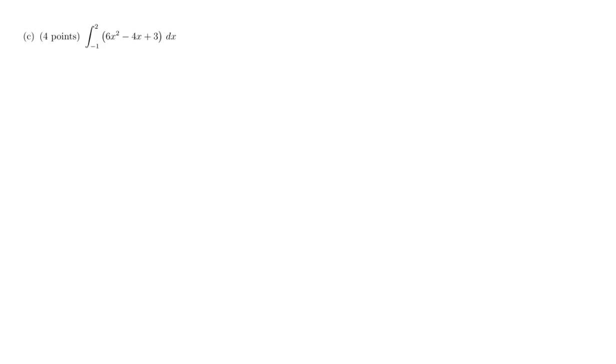Okay, this is something we call definite integrals. Definite integrals mean that you have 6x squared minus 4x plus 3. The way you do definite integrals is you find the antiderivative first.